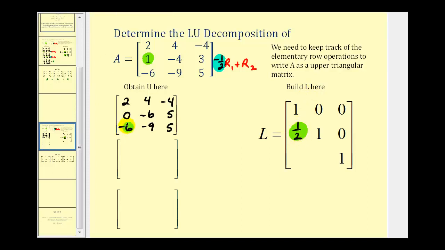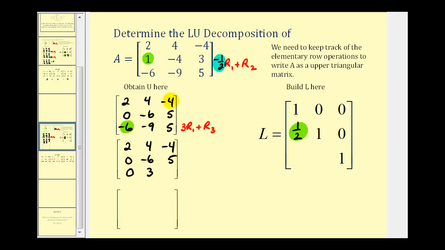To obtain a 0 here, let's replace row 3 with 3 times row 1 plus row 3. First two rows stay the same. Then for the third row, we have 3 times 2 plus negative 6, that's 0. 3 times 4 plus negative 9, or 12 plus negative 9 is positive 3.